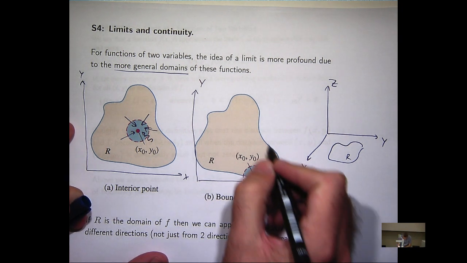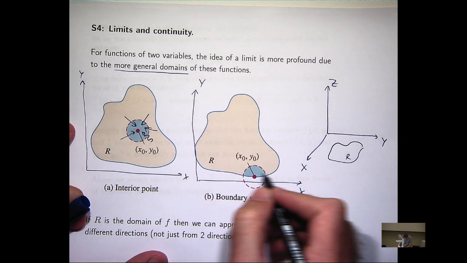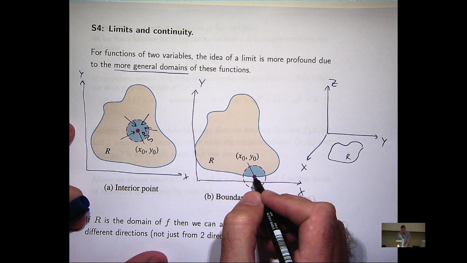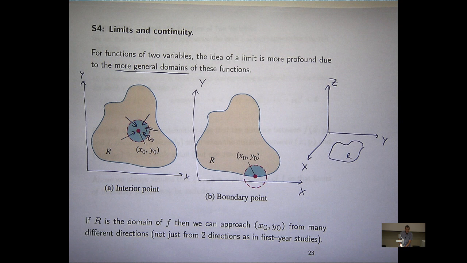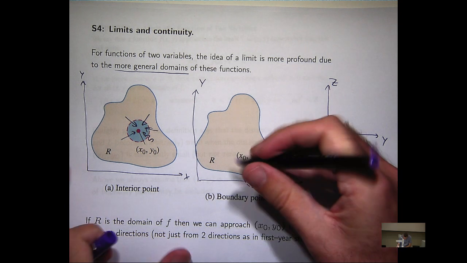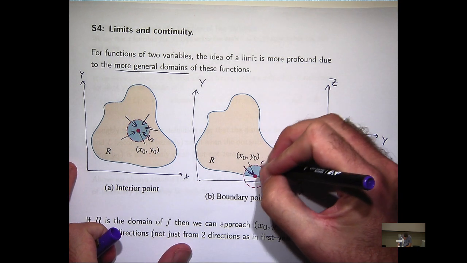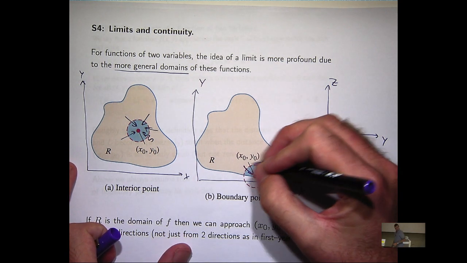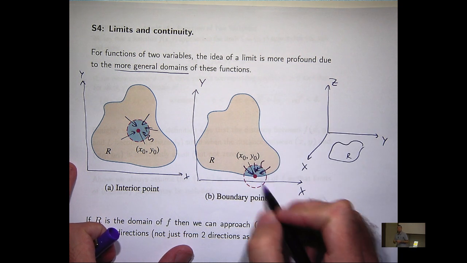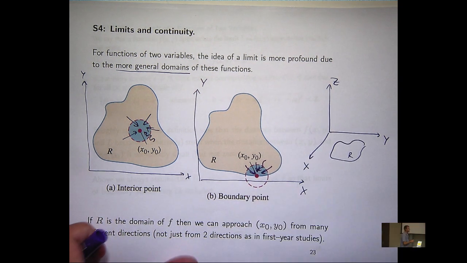Now, at this point here, think of this edge as the boundary of the domain. If I've got a point on the boundary, then I can only approach it along these directions. I can't come from out here because I can only approach points through a path in the domain of the function.